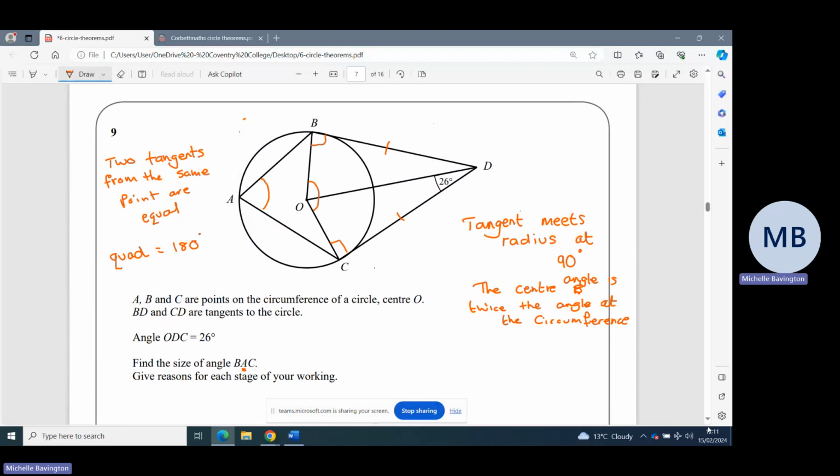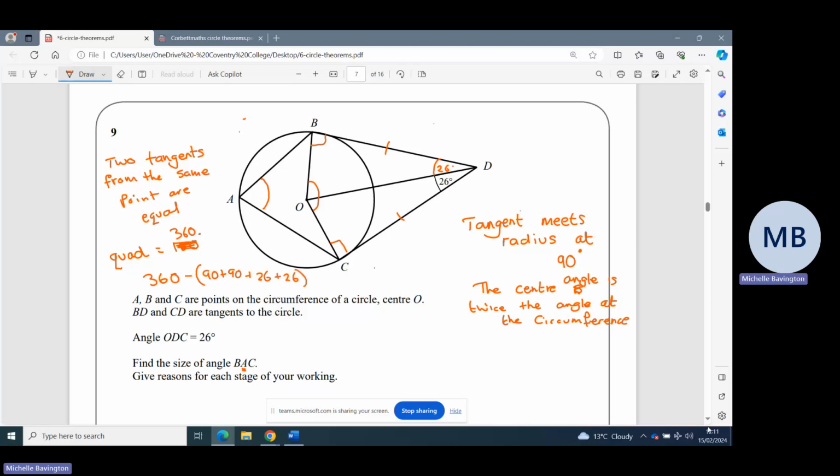Okay. Well, I've got this. 2 tangents in a row, quadrilateral equals 360, sorry. Right, so 360 minus what we got. 90 plus 90 plus 26. Now be careful, because haven't you got a 26 there as well?